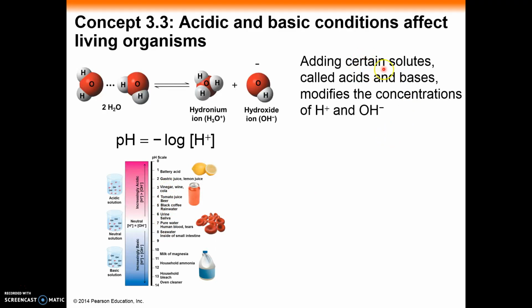Adding certain solutes called acids and bases can modify the concentration of H and OH. Acids release hydrogen ions, making the pH go down, and bases release OH, which consumes H, forming water, and that causes the pH to increase, moving towards 14.